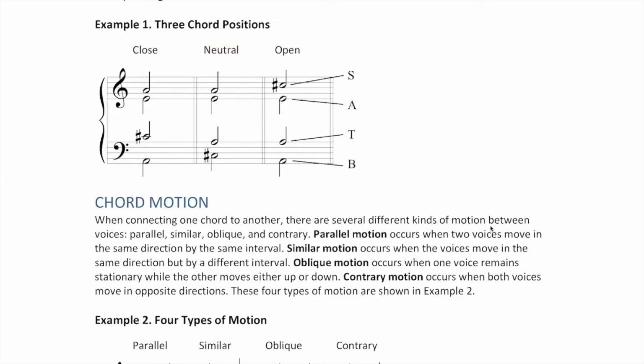Then, when we have more than an octave between tenor and soprano, we call the chord position open. In this case, we have A3 as the tenor and C#5 as the soprano.